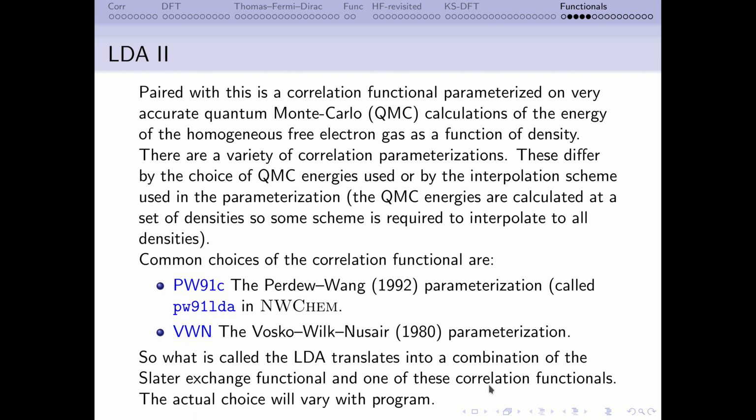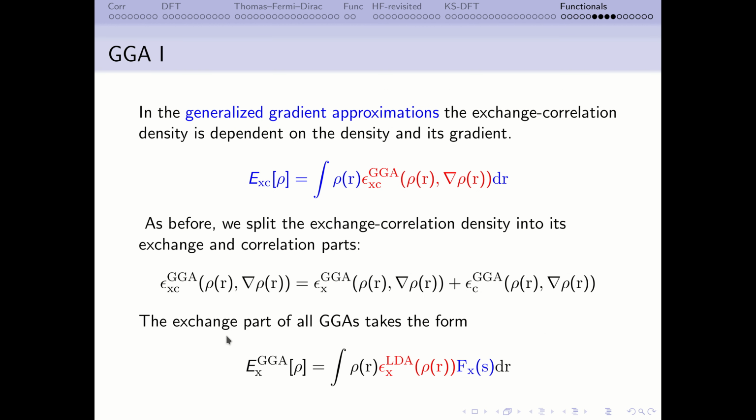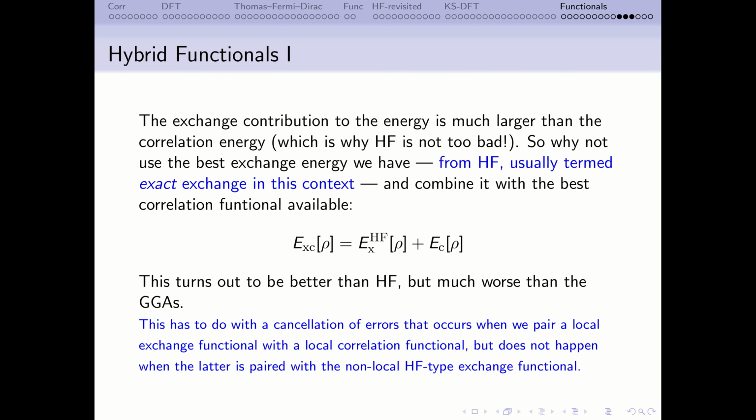But when you paired that with one of these correlation functionals, part of the error ended up cancelling out. When you paired it, on the other hand, with a Hartree-Fock functional, nothing cancelled out. So you suddenly had a near perfect exchange functional, but now all the sins of the correlation functional were laid bare, and this theory did not work.